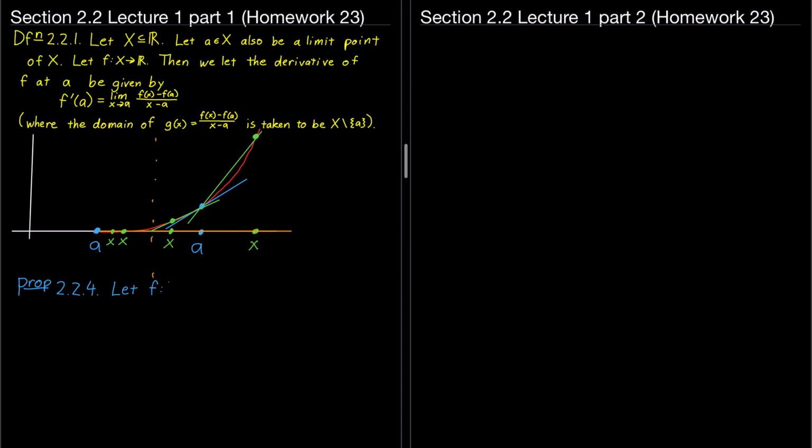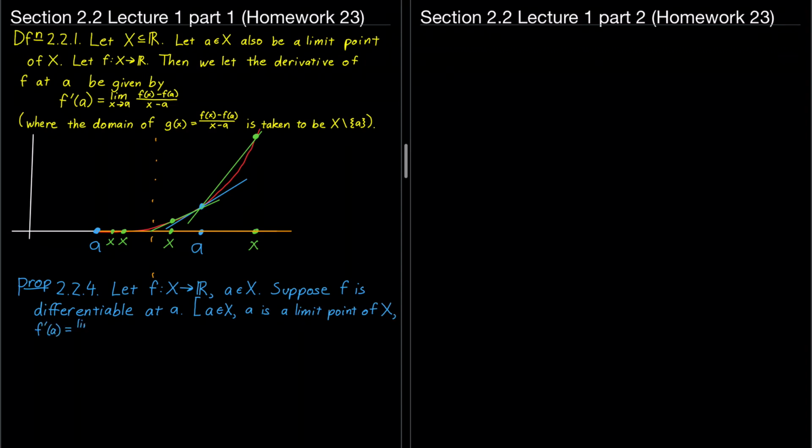Let f be a function that goes from a domain X to the real numbers, and A is in X. And suppose that f is differentiable at your point A. And that means that A is a point in X, A is a limit point of X, and f prime of A, that's the limit as X goes to A, exists.